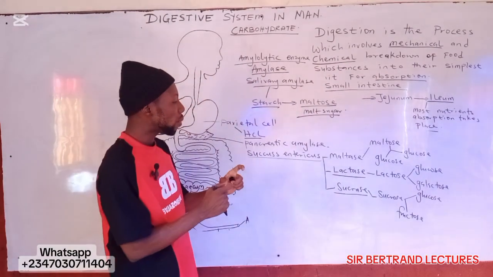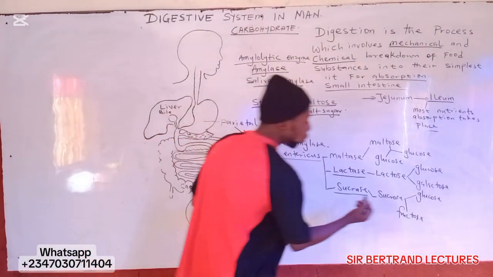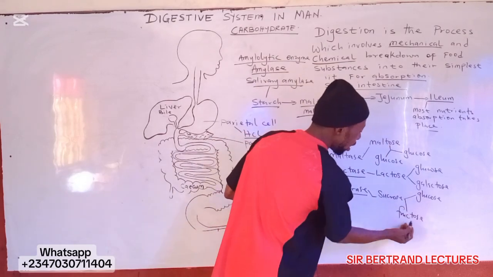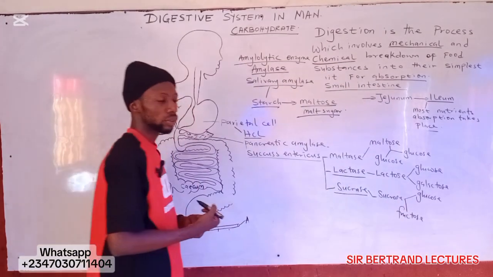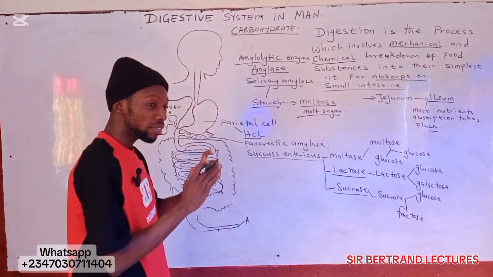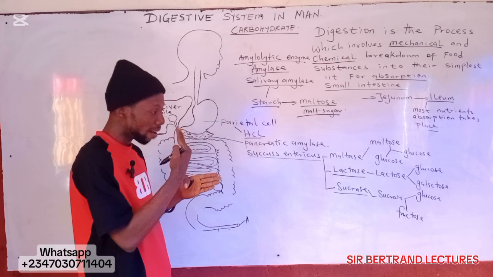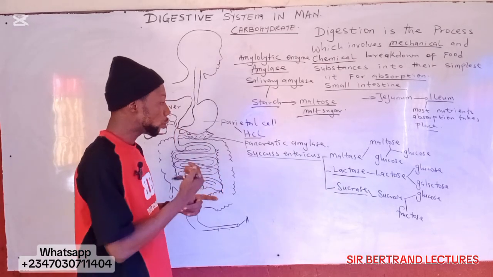And most of the carbohydrate we consume contains more of glucose and fructose. Galactose is obtained from milk. So most of the carbohydrate we consume contains a higher amount of glucose and fructose.